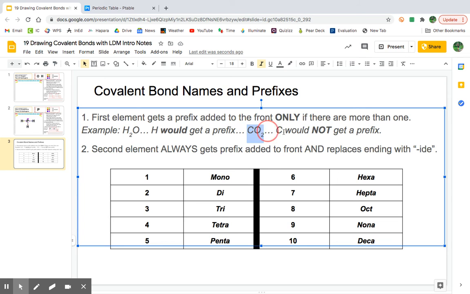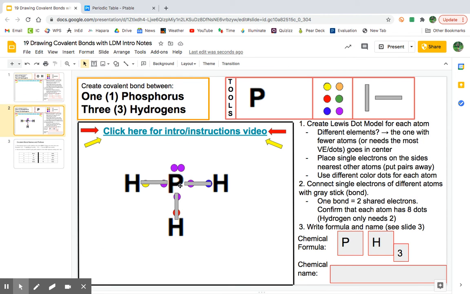But if there's only one of the first thing, in our case phosphorus, you don't need a prefix. So I see there's only one phosphorus, so I don't need a prefix on that first thing. So I'm just going to write in plain old phosphorus. You don't need monophosphorus. You don't need a prefix if there's only one of the first thing shown. I don't know why that's the case. This is just how it is.